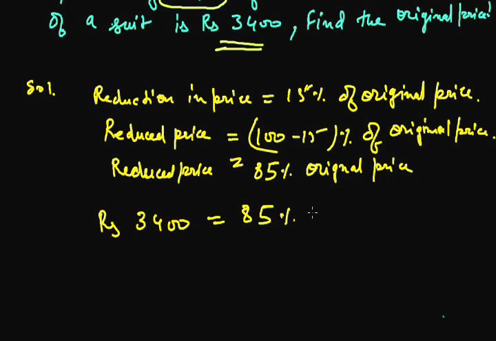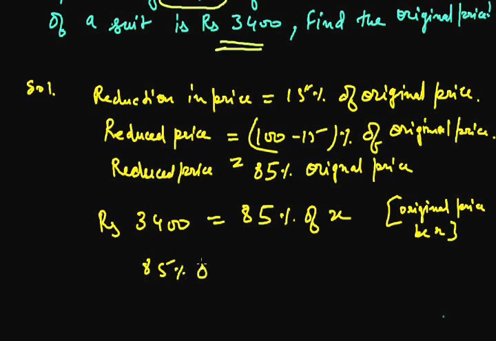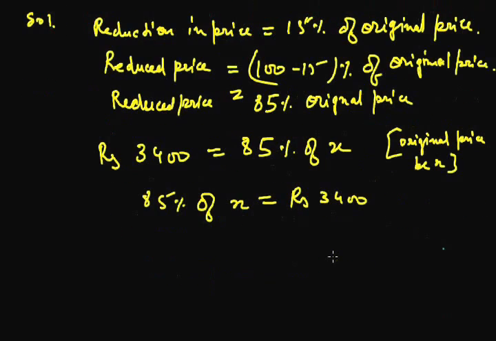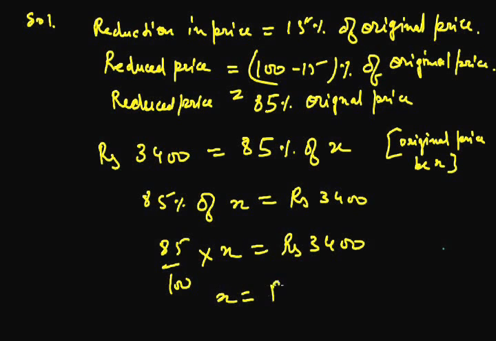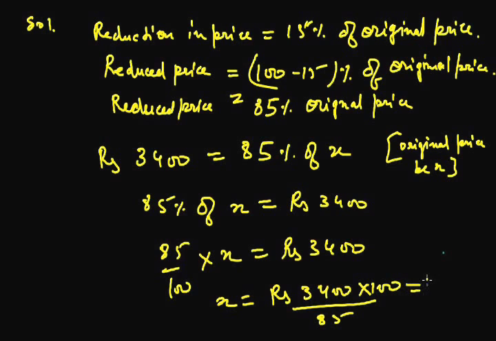Let us assume that the original price be X. So 85% of the original price will be rupees 3,400. 85 upon 100 of x, that is into x, is equal to rupees 3,400, or x we can write is equal to rupees 3,400 into 100 upon 85, which will be equal to rupees 4,000.